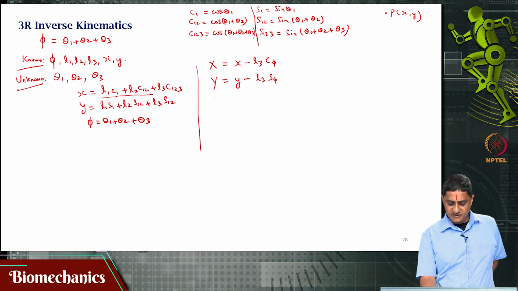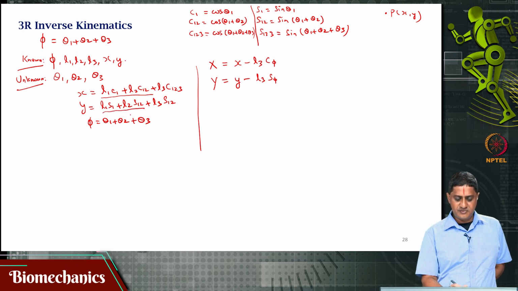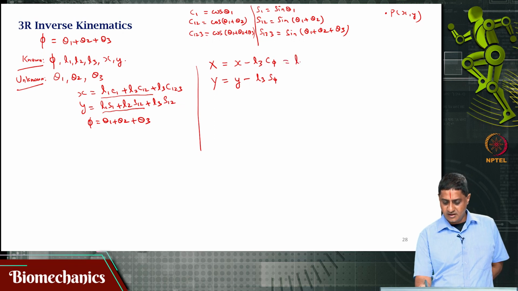That means, what are capital X and capital Y? They are those that are underlined, which is L1 C1 plus L2 C12, L1 S1 plus L2 S12.